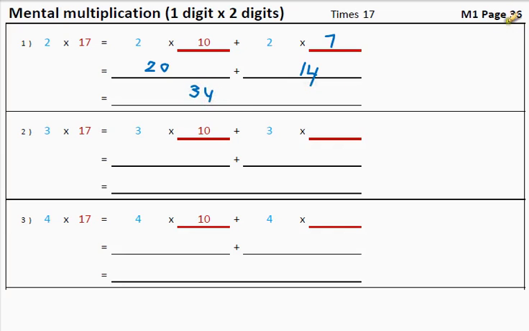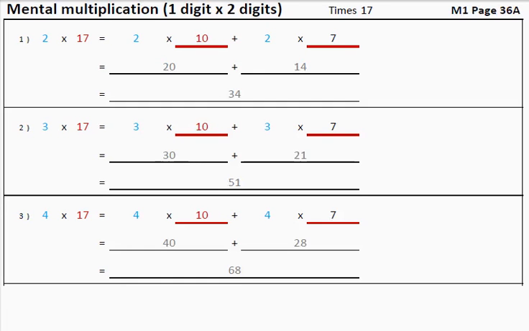Okay, you can see we're already on page 36 of the workbook. There's lots of practice. So if you need, please download the workbook after this video and practice your times tables and become good at them. Okay, pause the video, do the rest if you haven't done so yet. There's your answers. Please pause the video and check.